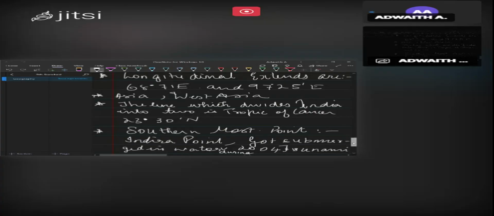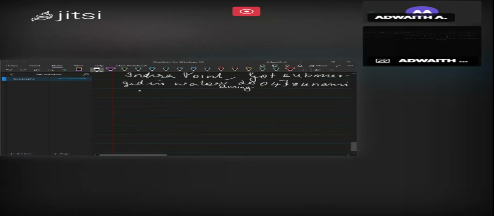Now we will move on to India size. Size, main point.